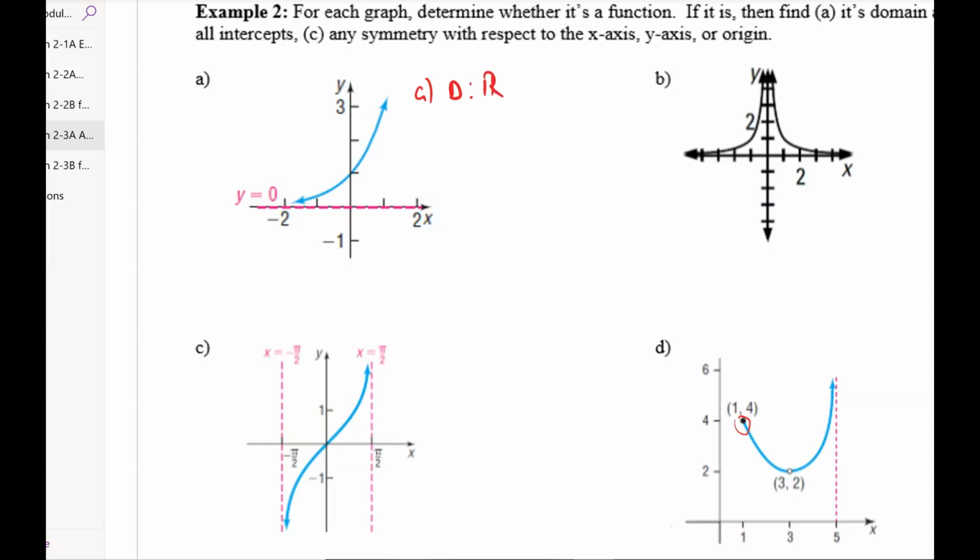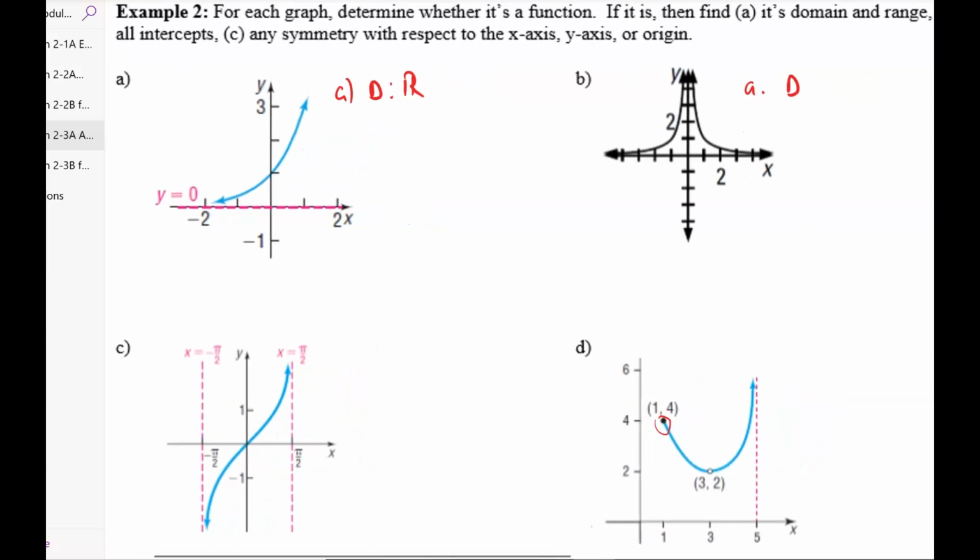Here for B, the domain is everything except for 0. So we're going to say it is negative infinity to 0 union with 0 to infinity. That's how we exclude a single point.